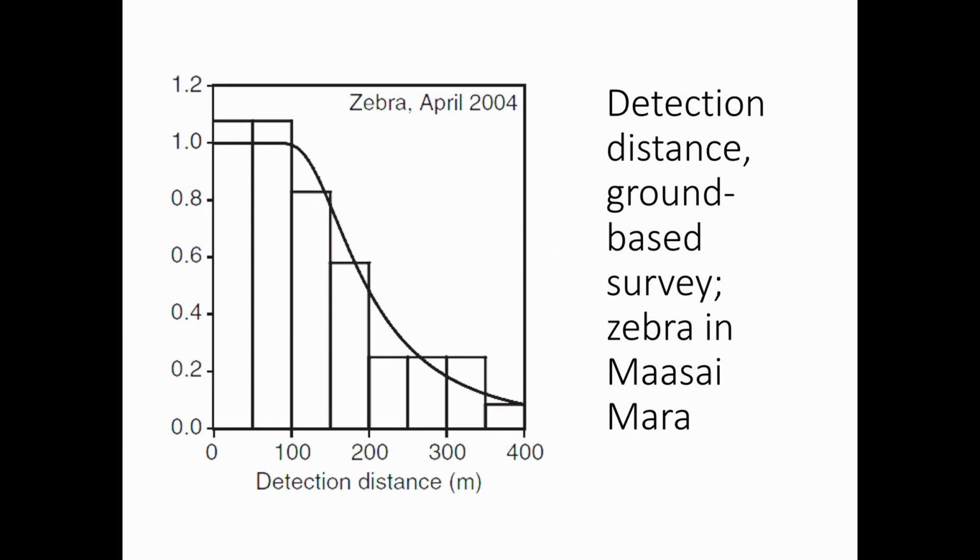There are lots of different ways of doing it, and there are computer programs that will do it. And of course, for ground counts where you don't have a plane and you're in the sort of environment where you can measure distance and so on, distance measuring is a very important function of enumerating wildlife populations.